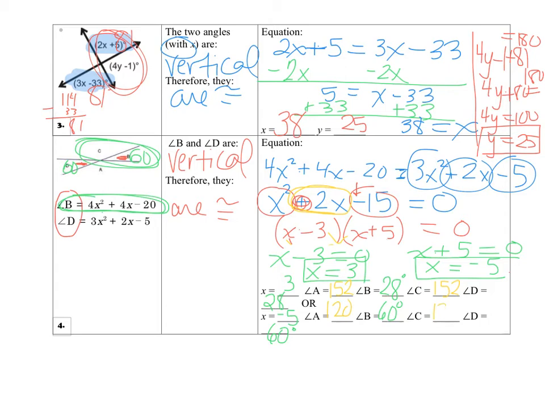And same for angle A. So what's happening in this problem is that there's just two possible answers based on these expressions, and we got two solutions for x. That tells us that there's just two possible answers for what all these angles are. They could be 152 and 28, or they could be 120 and 60. So we do have to show all the possibilities for that.